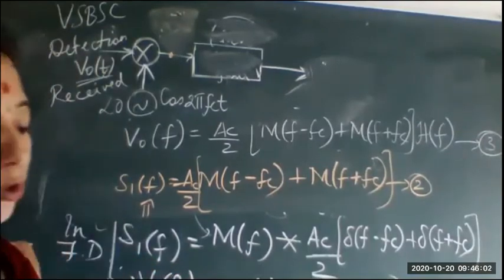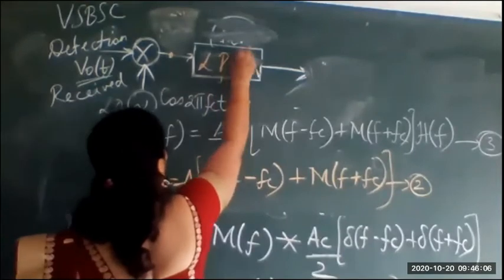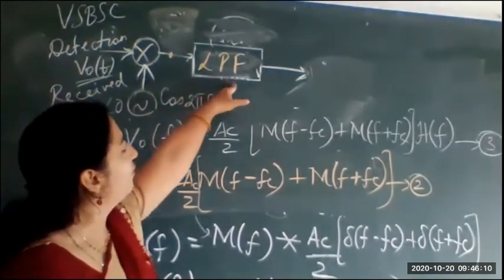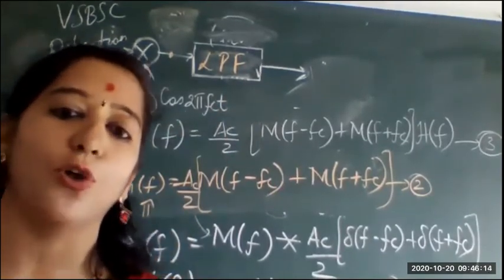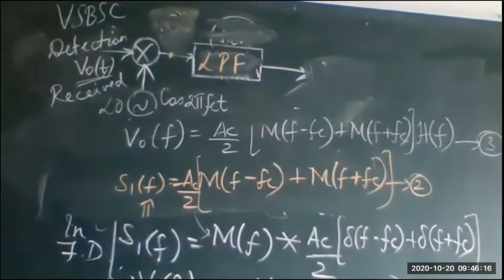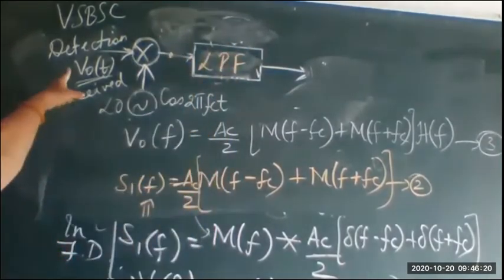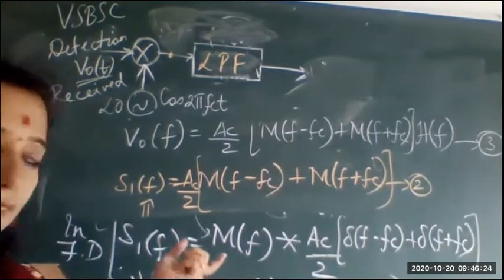Okay. So you have to use a low pass filter as the filtering device in a coherent detector. I am trying to detect the transmitted VSB-SC signal.